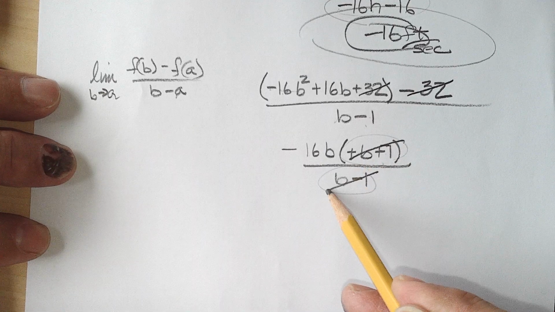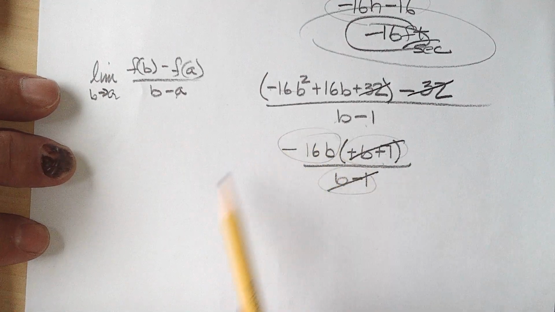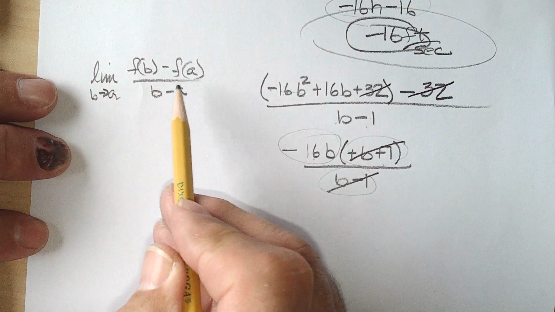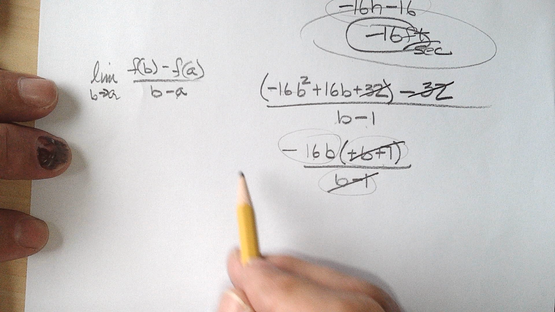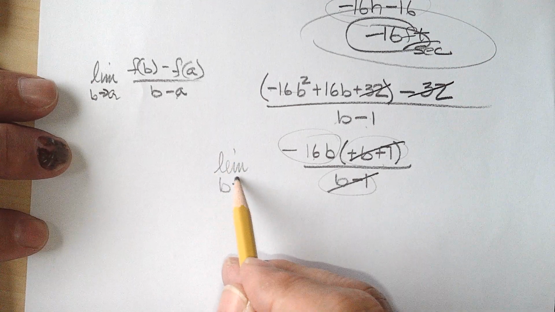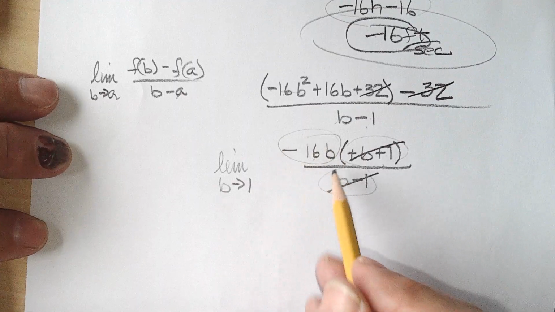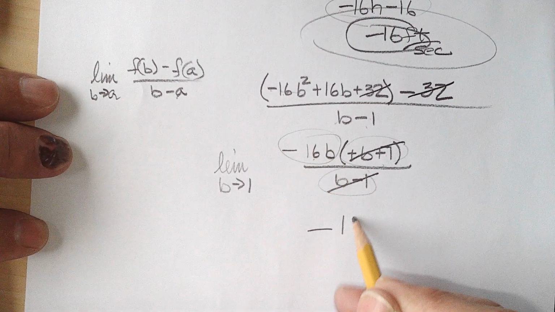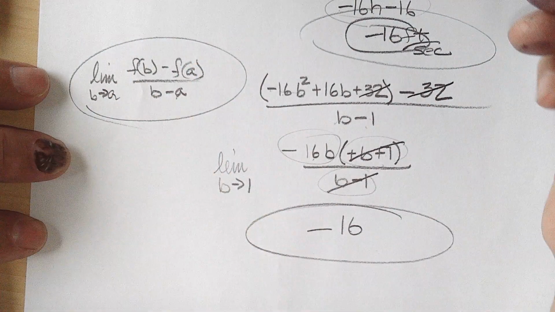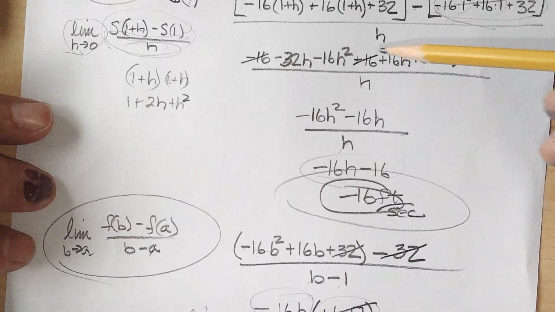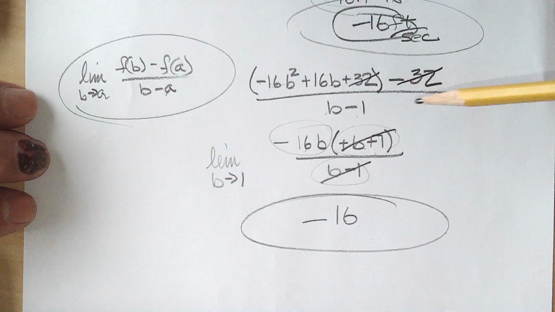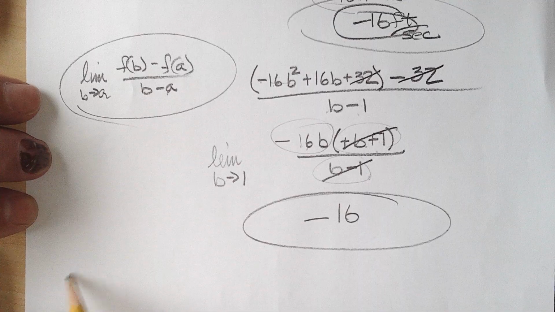Then these cancel, and I get this, and I'm supposed to find out what happens when b gets closer to a. A was 1, so we're trying to find the limit as b approaches 1, and that turns out to be minus 16. So this method was actually easier than this method if I had used the 1 in the spot for a. So I wanted to show you that.